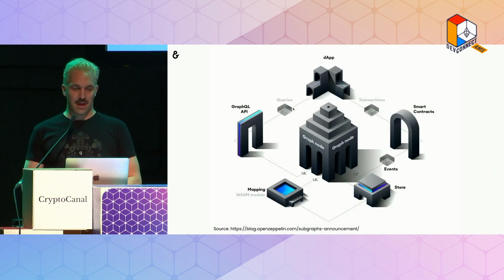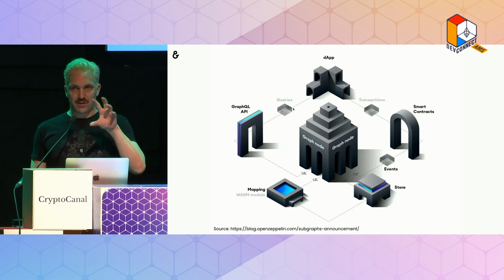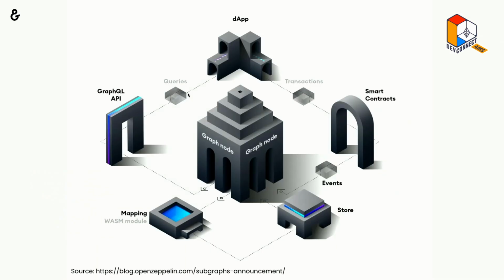And then this is more or less how it works. On the top you have the dApps, the interfaces that we already know. On the right side, you see it sends transactions to the smart contracts. And the smart contracts, when they receive and execute those transactions, emit events. These events are then handled by the graph node according to what is stored in the mappings that you see on the bottom left.